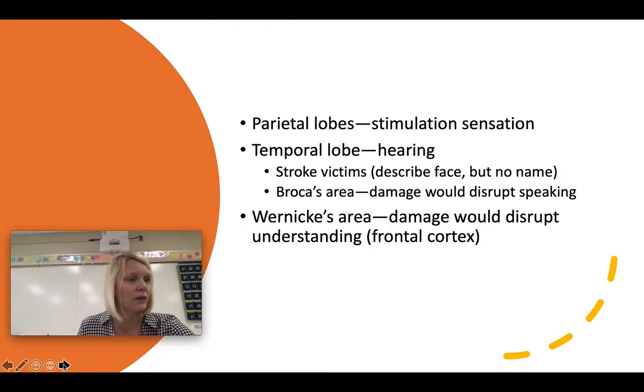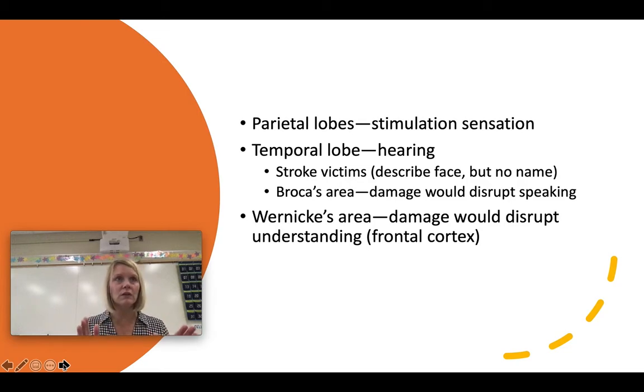So I want you to think about this. Don't move it, but think about moving your tongue. Don't move your tongue, but think about moving your tongue. Or, okay, don't move your fingers, but think about the motion of moving your fingers. That's the parietal lobe.